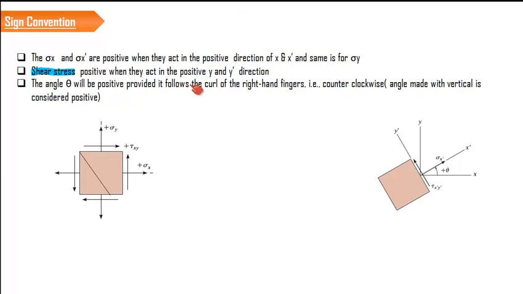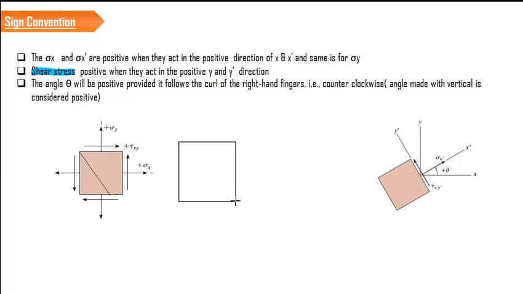Kindly look at this figure. We can see that tau xy is acting in the positive x direction, and this is acting in the positive y direction on the positive faces. So this type of stress is considered positive. The other way of representing it is like this.